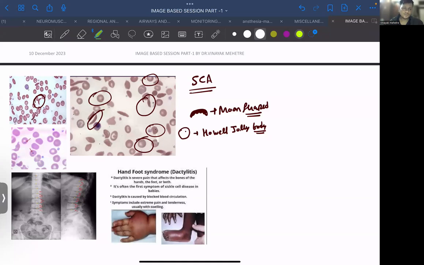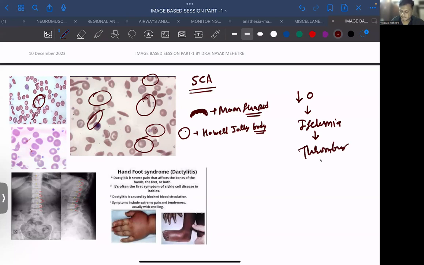That means there is no proper oxygenation. Oxygen will decrease. What does that cause? Ischemia. What else can happen? Thrombus formation.